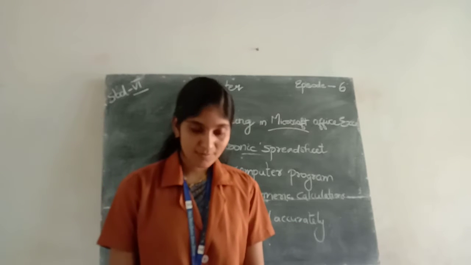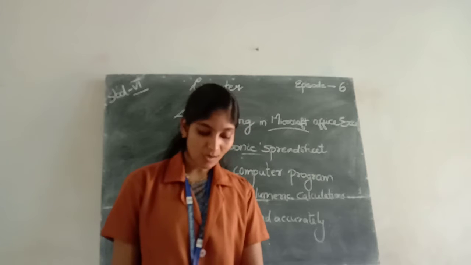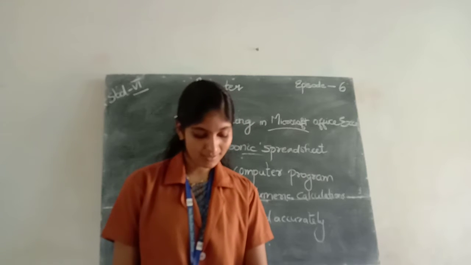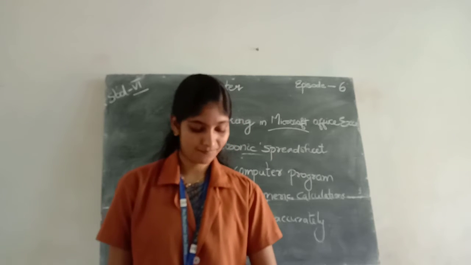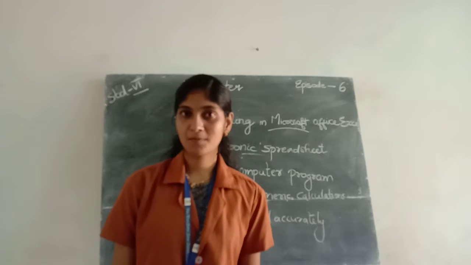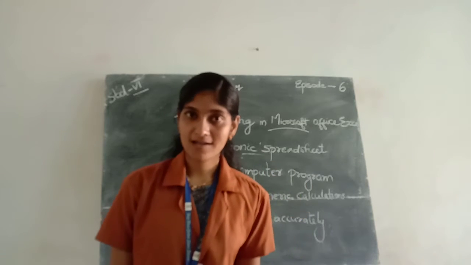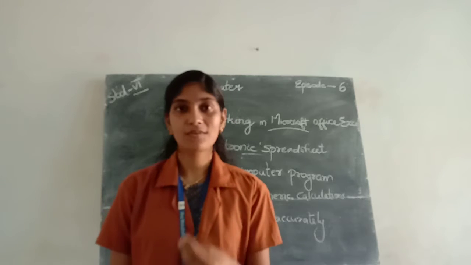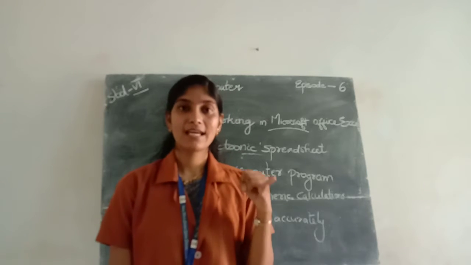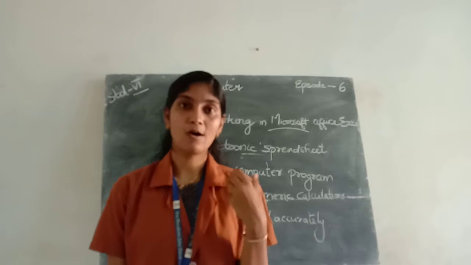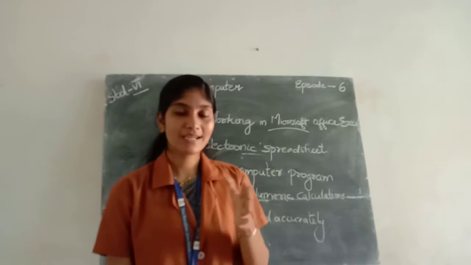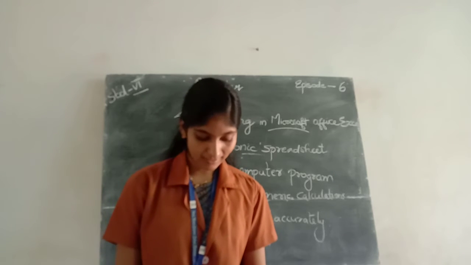Then around us, for example, your report card is also a spreadsheet, but it is in manual form. The progress report card is also a spreadsheet because it contains marks for each subject, and it is created manually.